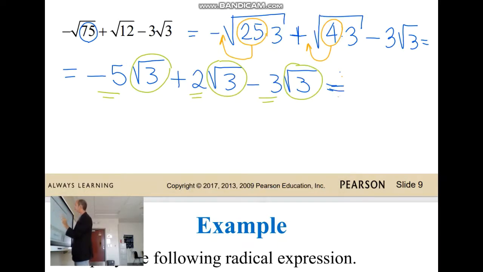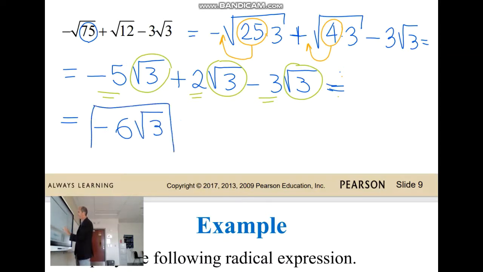So equals negative 5 plus 2, negative 3, negative 3 minus 3, negative 6 square root of 3. Okay, this is the answer, this is the result of the simplification of that expression here.